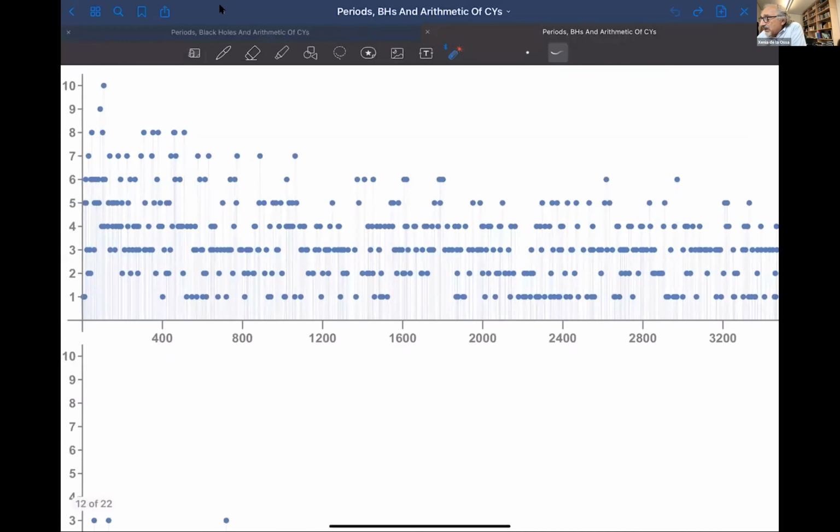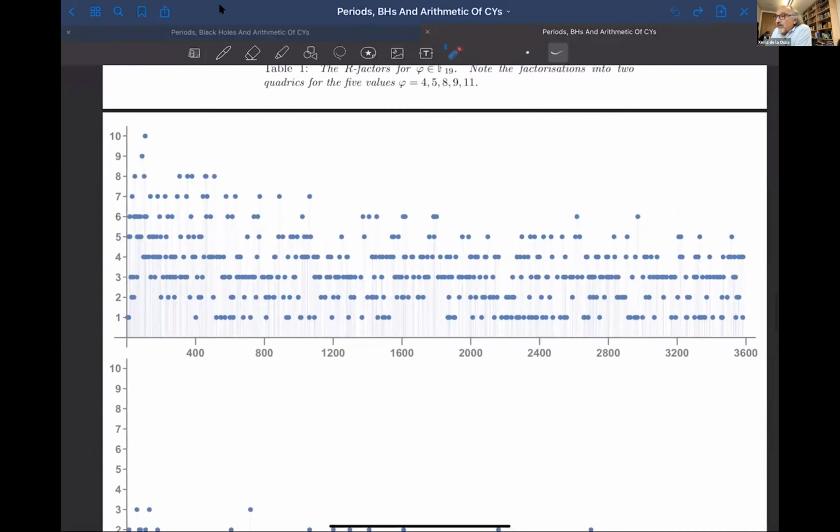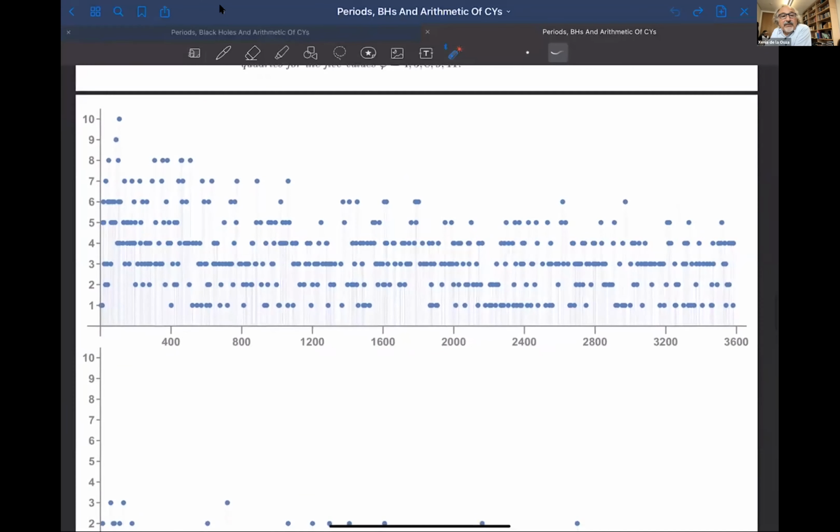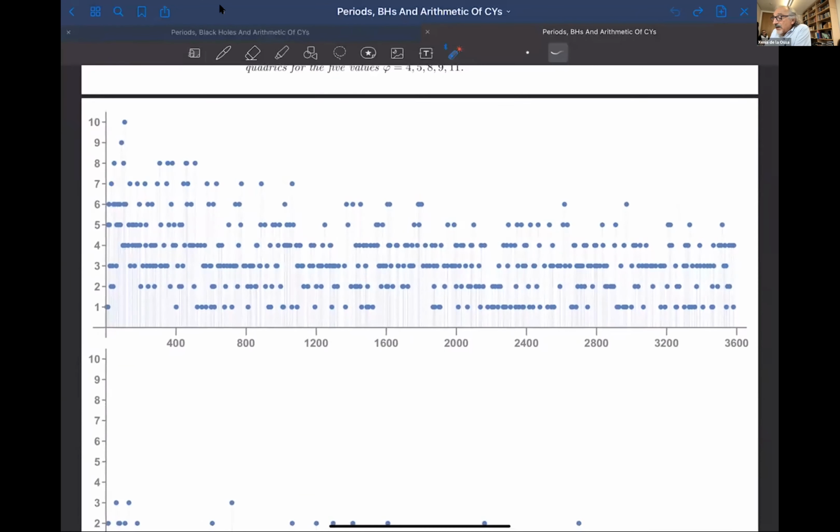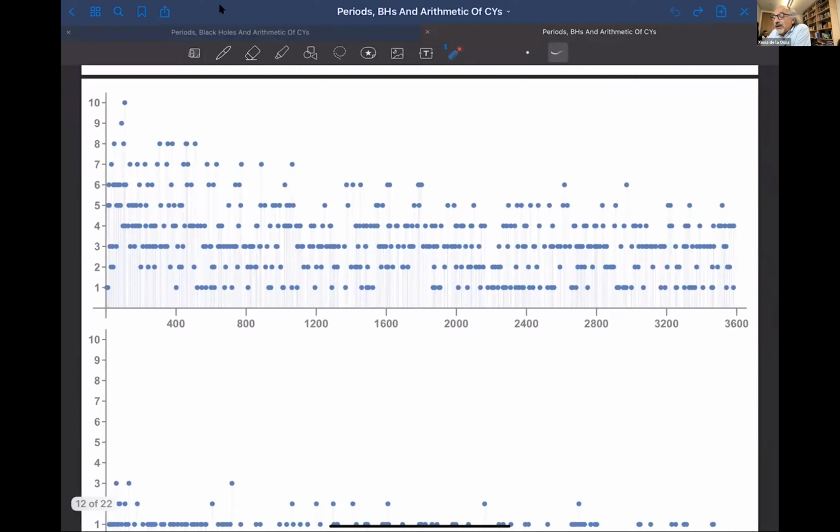So here is the data: the number of factorizations of the right type for the first 500 primes, or rather for all the primes between 5, which is the 3rd prime, and the 502nd prime, which is 3,583 for people who didn't know immediately.